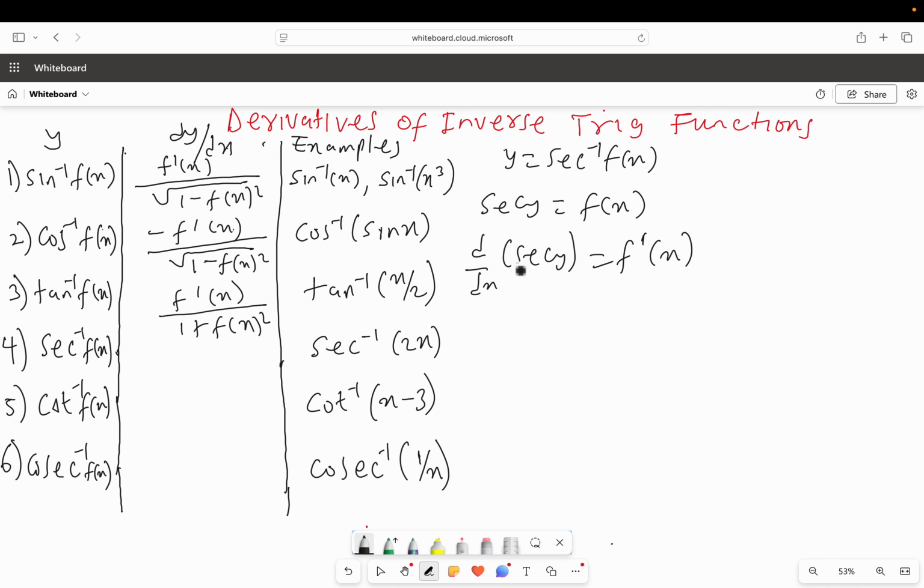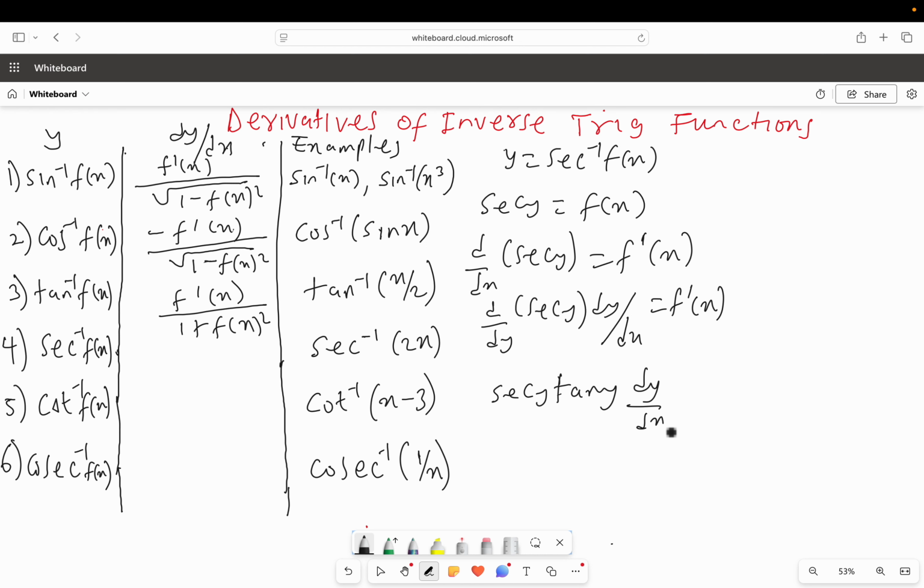I can apply chain rule to the left hand side, so it will just be d dy of sec y times dy dx equals f prime of x. If I differentiate sec y with respect to y, I will just have sec y tan y dy dx is f prime of x.